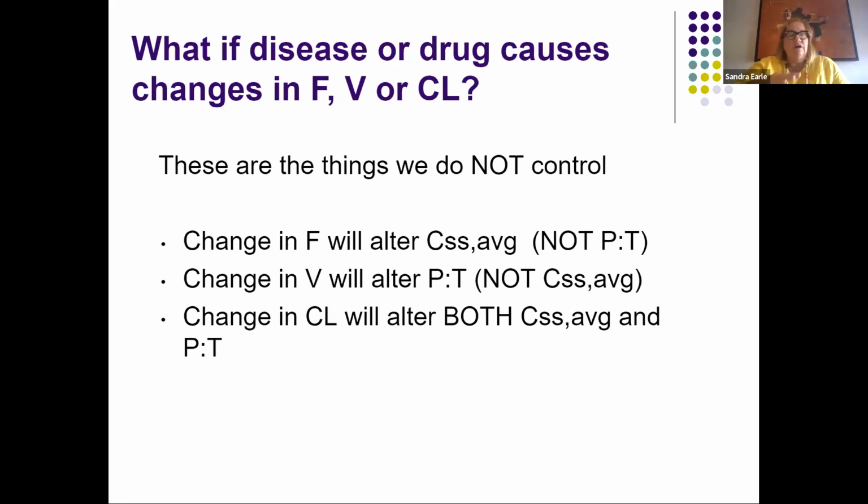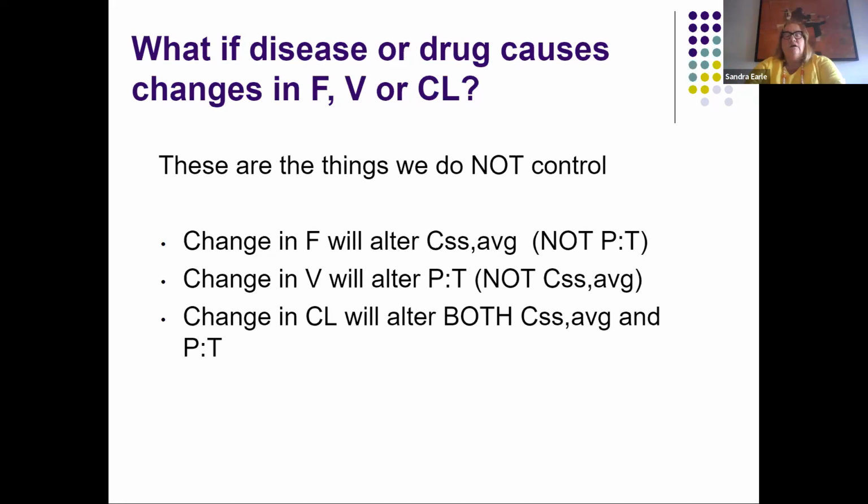And therefore the slope of your elimination curve is going to get flatter. So your peak to trough ratio goes from this to this. So it goes from larger to smaller. So a larger volume of distribution will make your peak to trough ratio smaller, won't it?